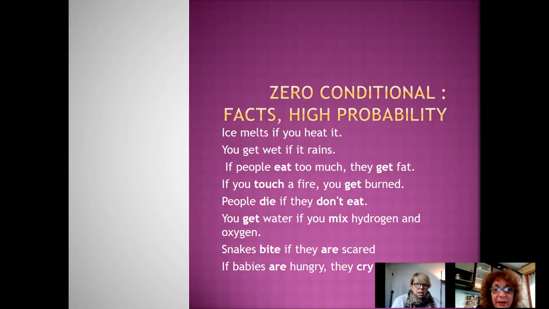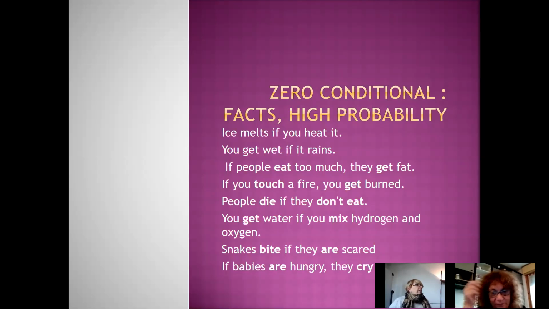If people eat too much, they get fat. If you touch a fire, you get burned. Yes. People die if they don't eat. You get water if you mix hydrogen and oxygen. Snakes bite if they are scared. Yes. If babies are hungry, they cry.